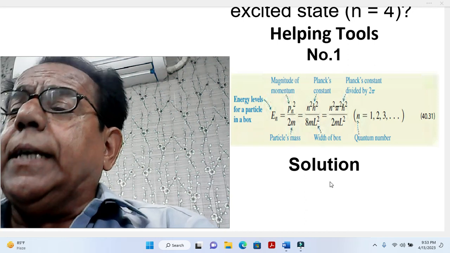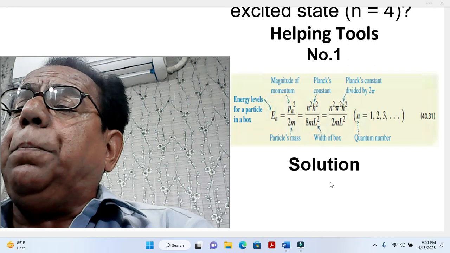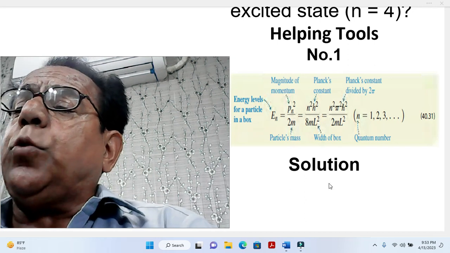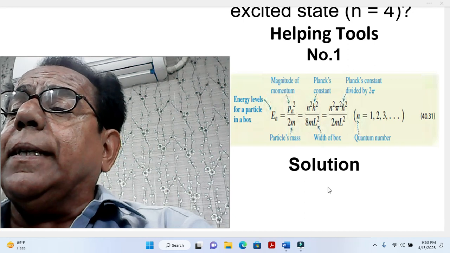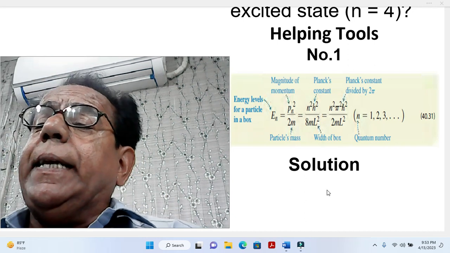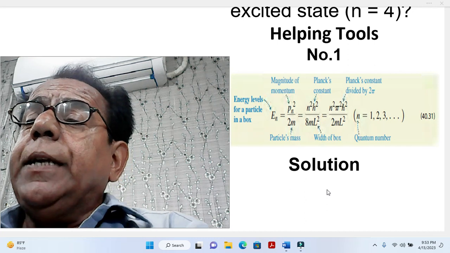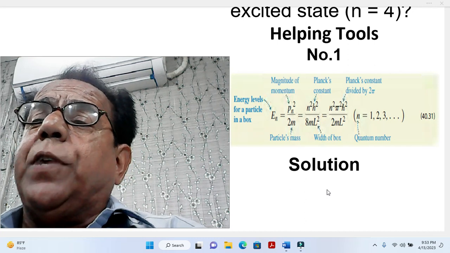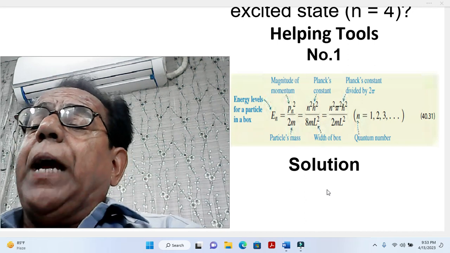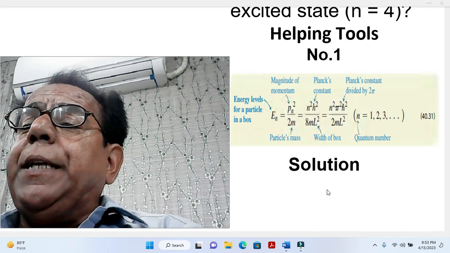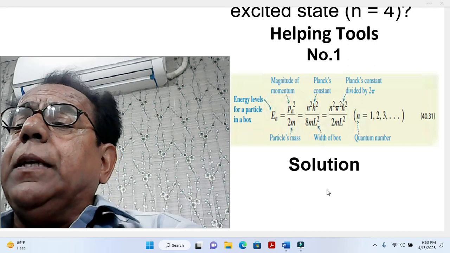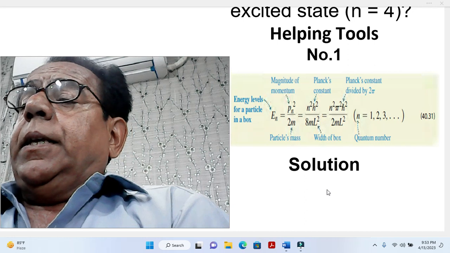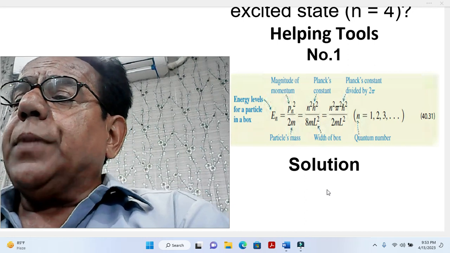This alternatively becomes equal to n square pi square h cut square over 2m capital L square. Dear students, here 8 has been replaced by 2 because h cut means h over 2 pi. When we put h over 2 pi in place of h cut, then we will revert to the previous step, where n is quantum number, n equal to 1, 2, 3.